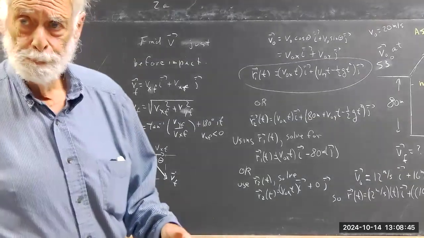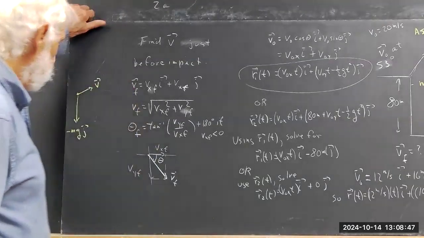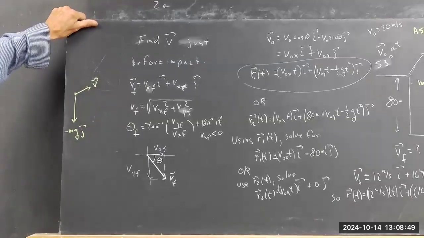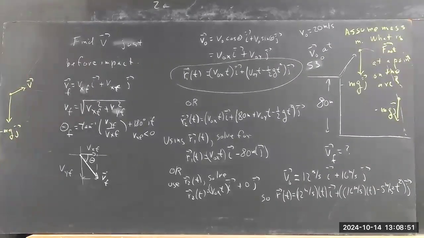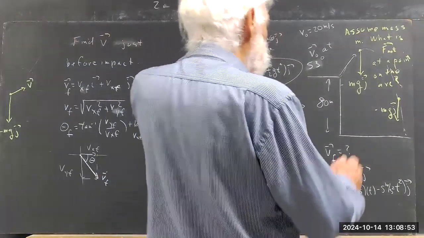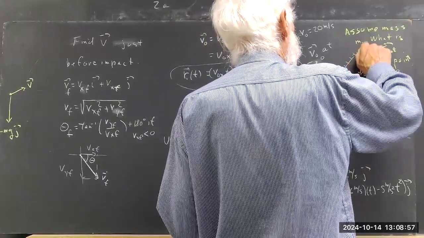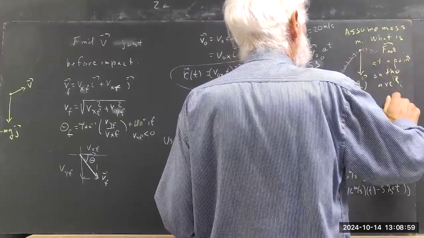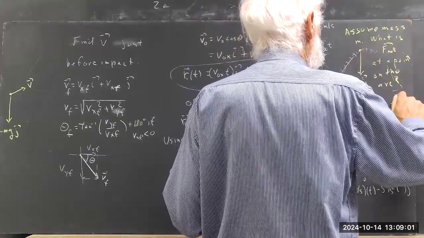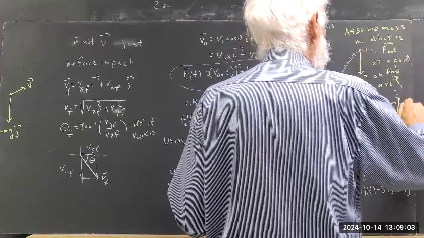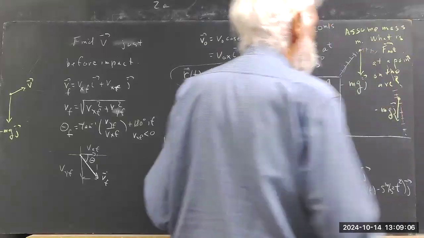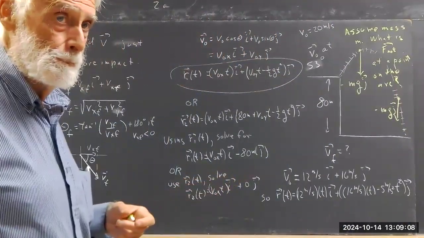Well, I guess I can pull this over a little bit and see the whole board. Okay. I can think of breaking this path up into small increments. Down here, small increments of path. Okay.